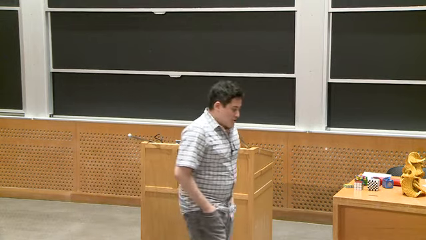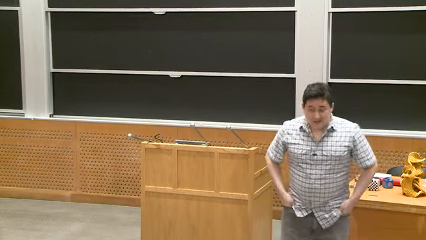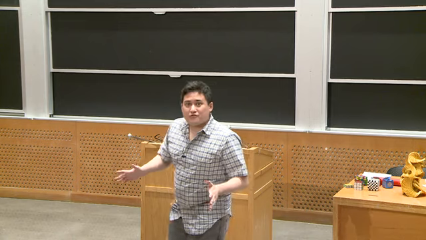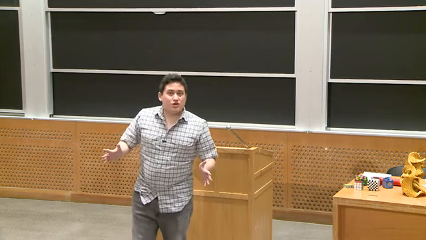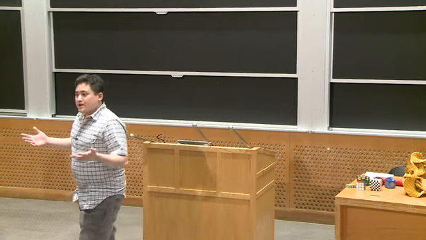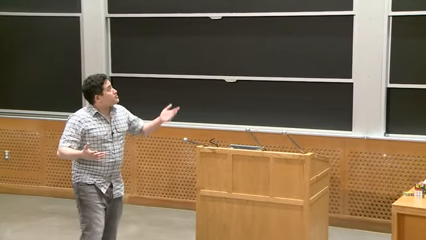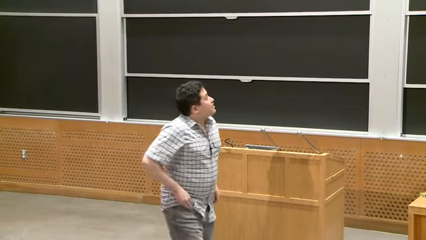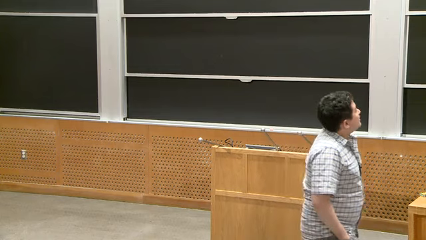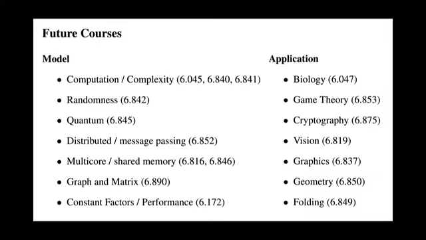Last lecture we talked about summing up this class and talking about future courses in the department that use this material. Just as a pointer to some of those classes, I have a little slide here I didn't get to at the last lecture, talking about different models and specialized classes on different aspects of 006 material.